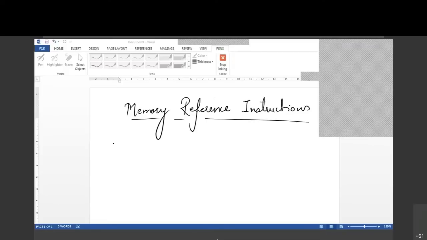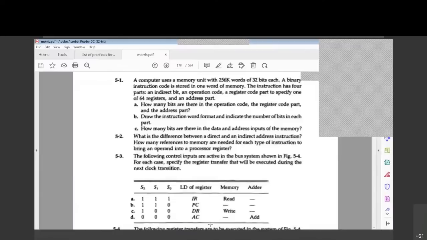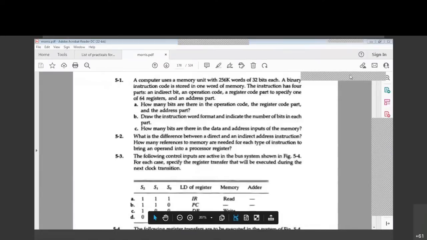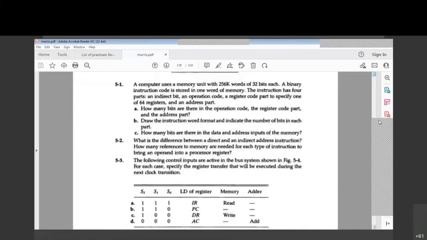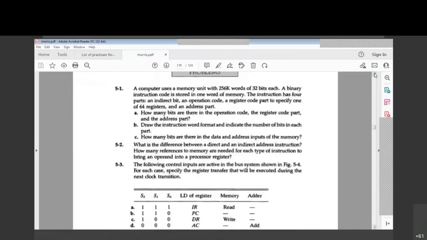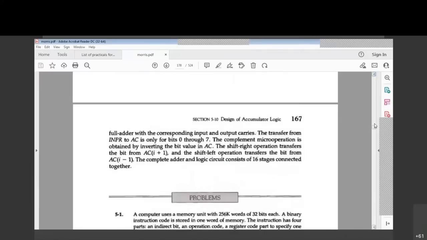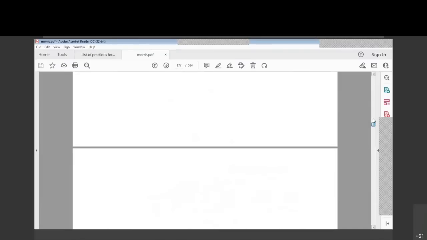Okay, so in the previous lecture session, let me quickly go through. In today's tute, we had a revision of all the concepts till 5.5. So in this chapter, we have covered till register reference instructions. We have seen the different types of instructions, and we have covered register reference instructions in detail, right?